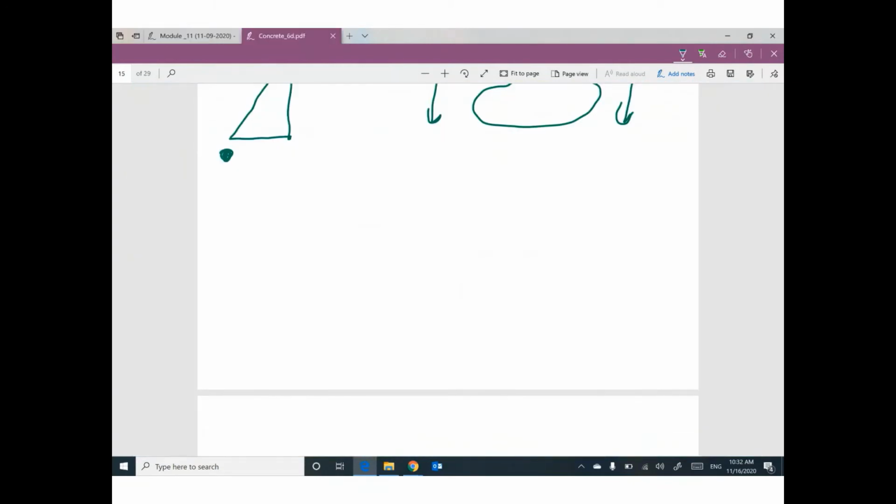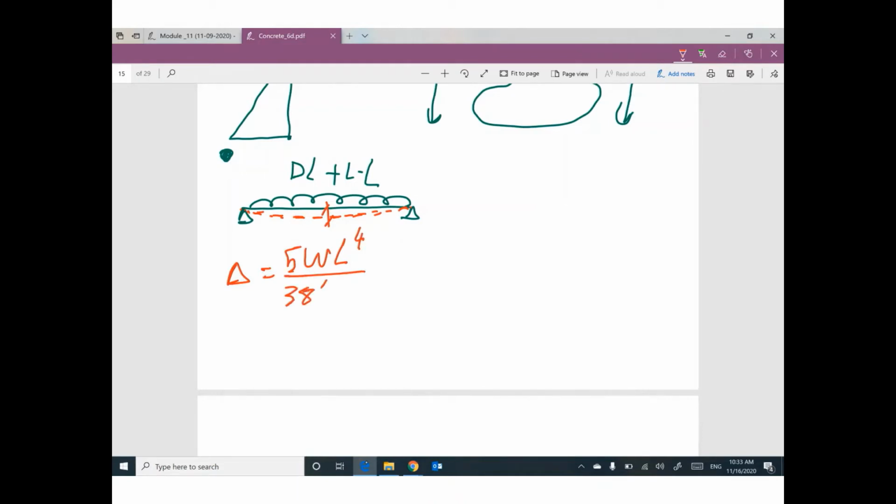Just to let you know, the deflection due to the effect of the given load, dead load plus live load, which is a uniform distributed load, will be downward. How much? 5 WL to the power 4 divided by 384 EI.